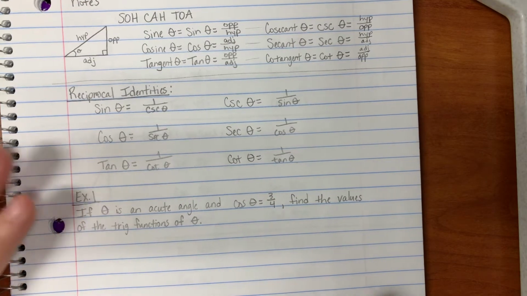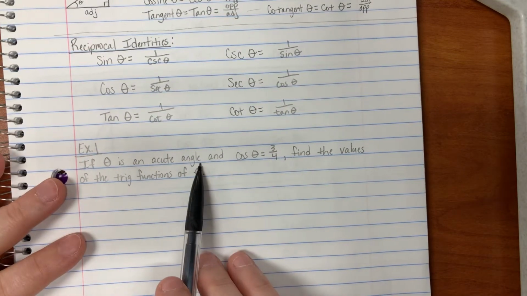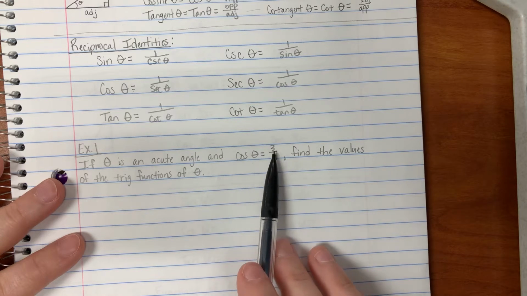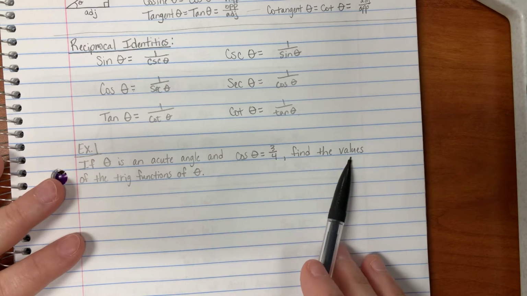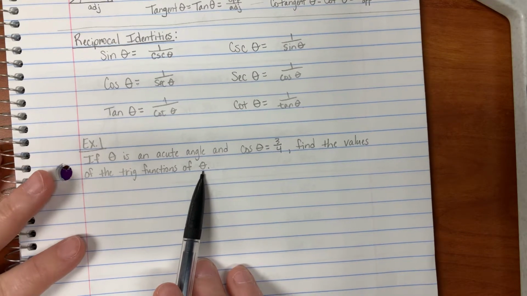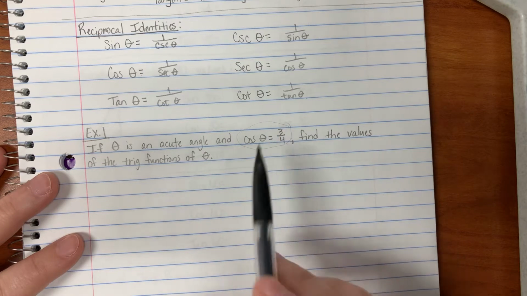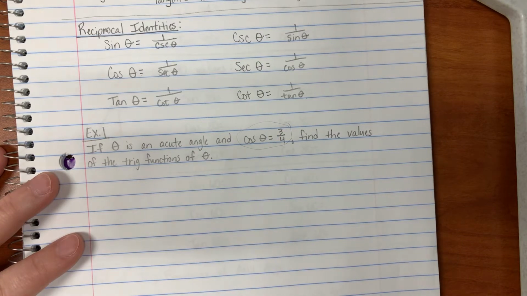Okay, so this first example says if theta is an acute angle and cosine of theta is 3 over 4, find the values of the trig functions of theta. The very first thing I would do in a problem like this is really see that information in an actual triangle.